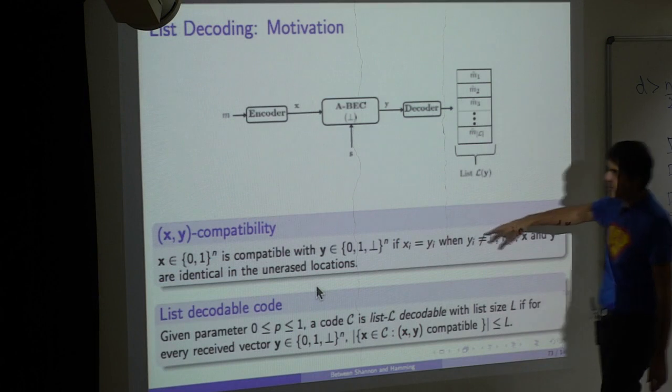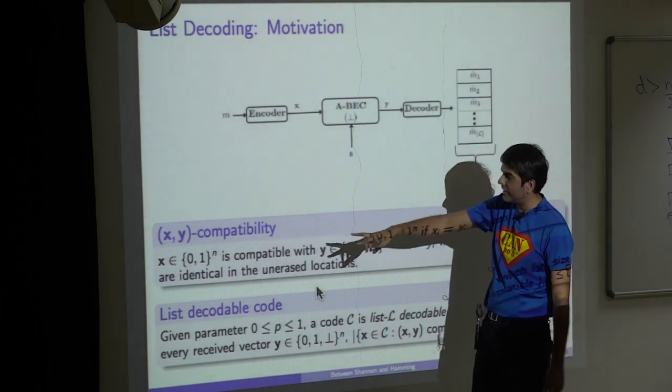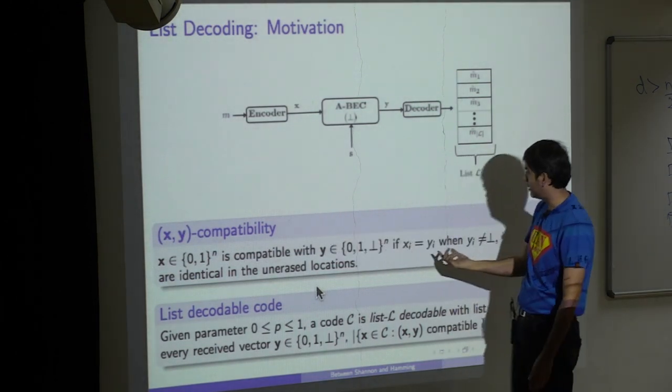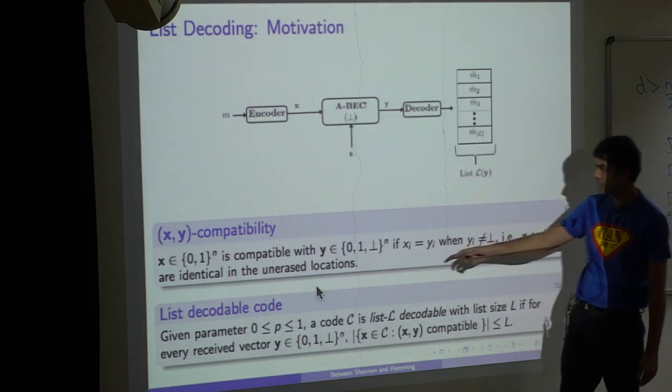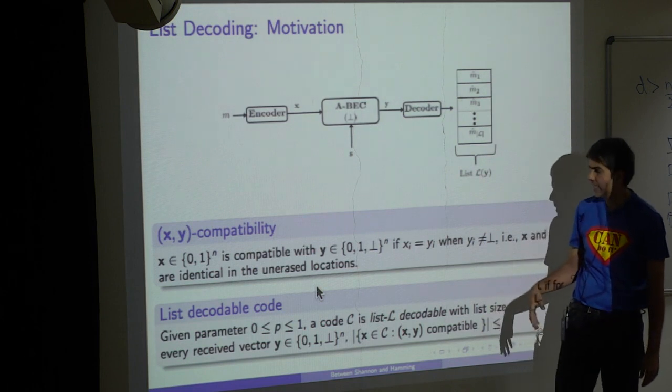Again, remember compatibility: x and y are compatible if xi is yi in all the unerased locations.